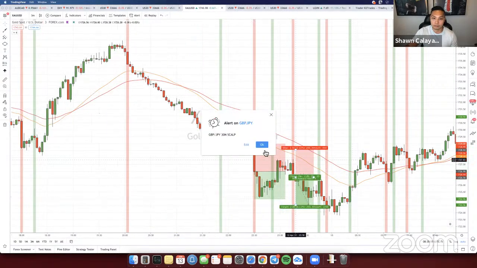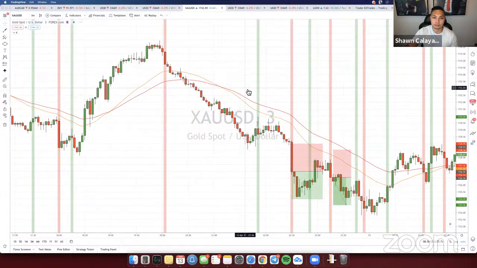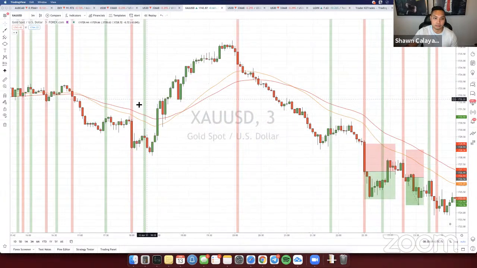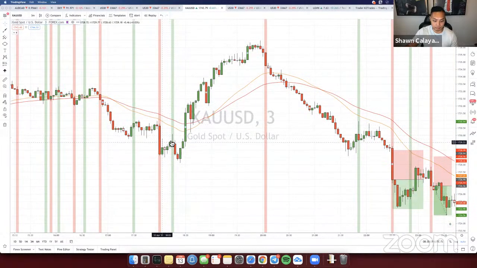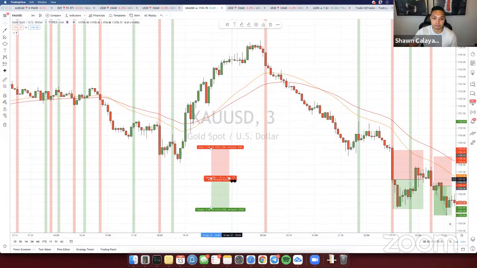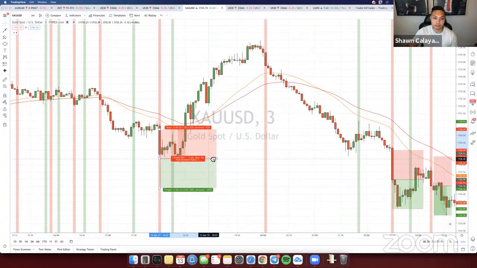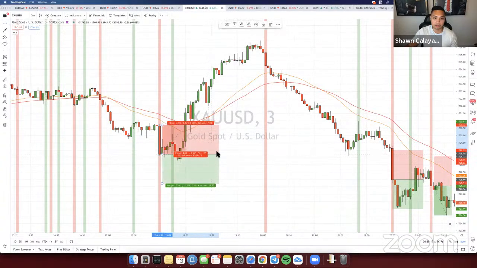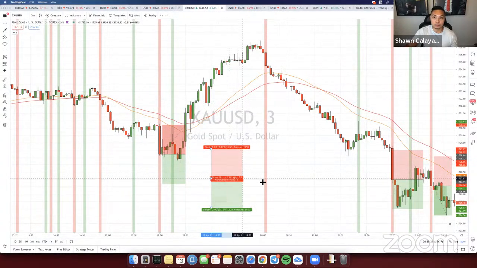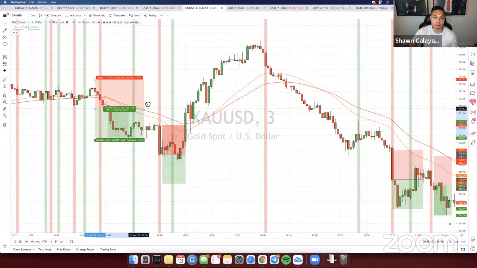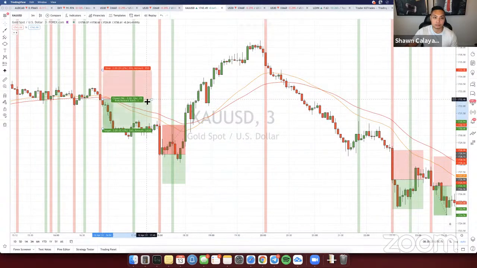Let's see. Asia session over here. This looks like this might have been a loss. I mean, losses come and go. So yeah, that would have been a loss right there, which is fine. But this one over here would have been a win. Right there.